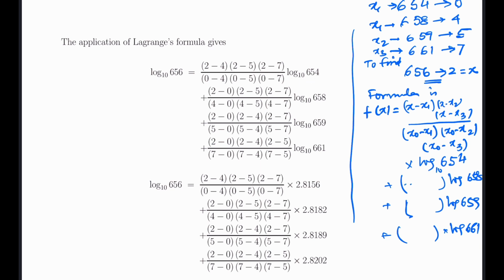The second term will be here. Write the second term. Similarly here, (x minus x1) into (x minus x2) into (x minus x3). So go on writing, putting the values here, and then simplify this.